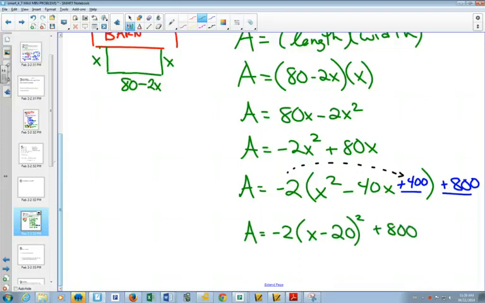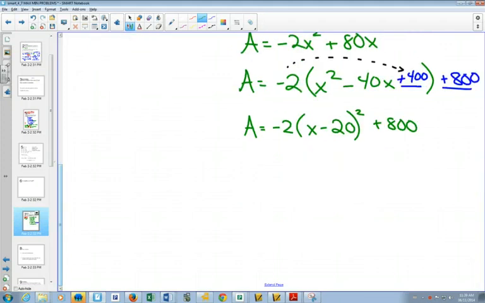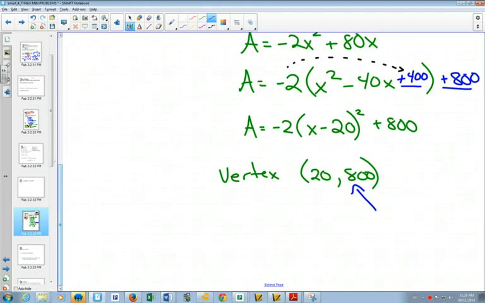So what's our vertex? (20, 800). This was our y value, but we're not using y right now. What does that 800 stand for? That's area.